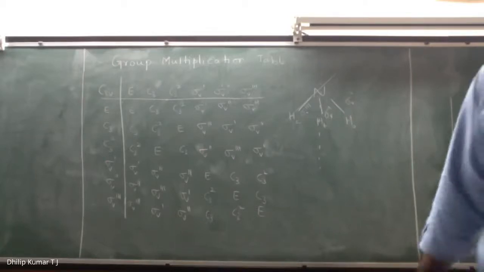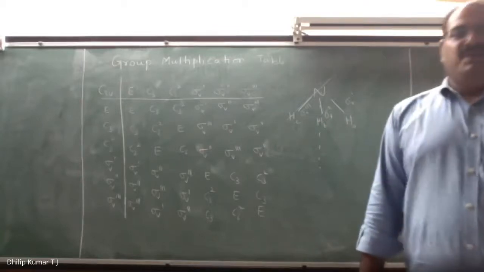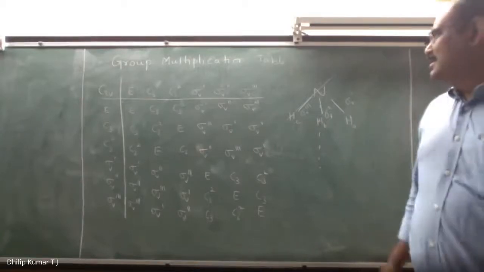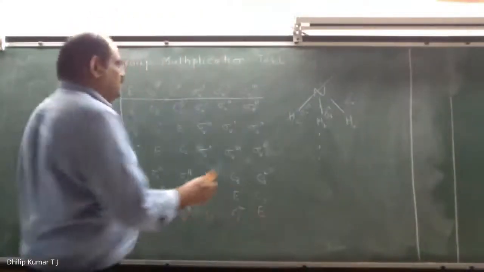So a group is a collection of elements satisfying four characteristics. Note it down, please. If you have not, please note it down.